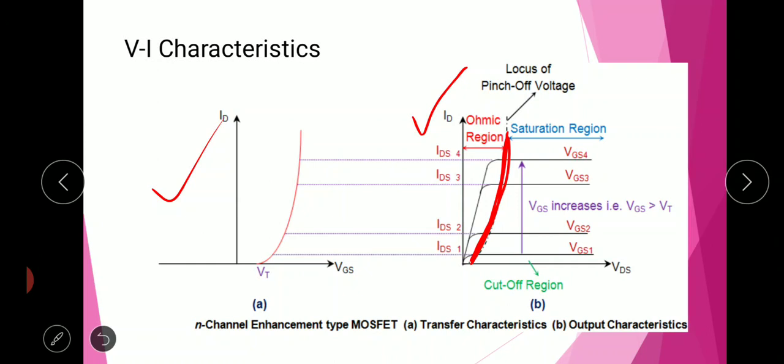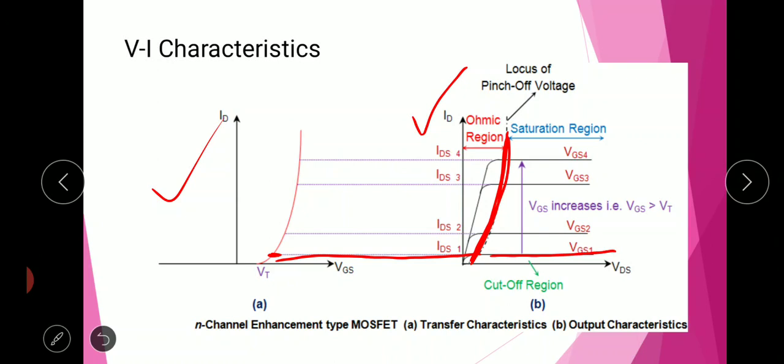After the pinch off condition occurs, the drain current is almost constant even though we increase the drain to source voltage. But as gate to source voltage increases, if the first point is this, VGS equal to 1, up to this the ID current increases, after that it remains constant.